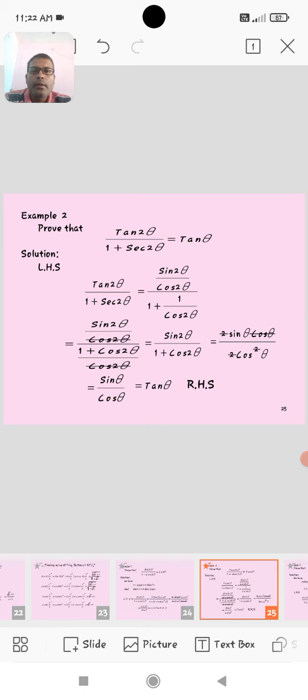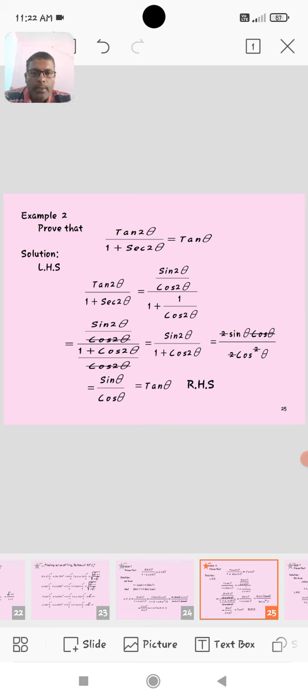Tan 2 theta by 1 plus secant 2 theta is equal to tan 2 theta, how to write, sin 2 theta by cos 2 theta, divided by 1 plus secant 2 theta, how to write, 1 by cos 2 theta. Okay, we can do the LCM part: sin 2 theta by cos 2 theta divided by 1 plus cos 2 theta by cos 2 theta. Here the cos 2 theta denominators cancel, we get sin 2 theta by 1 plus cos 2 theta.